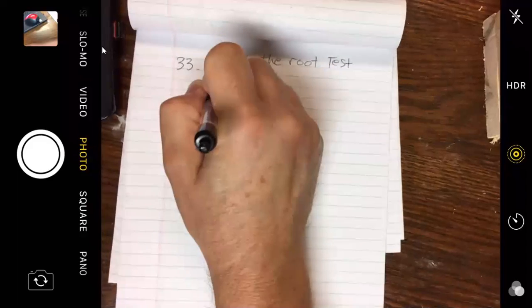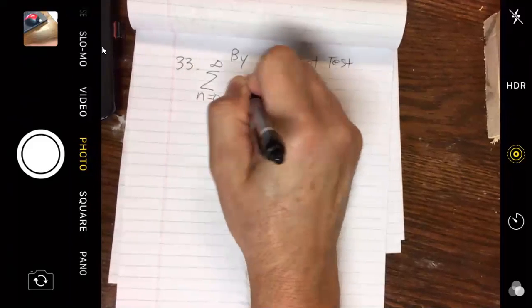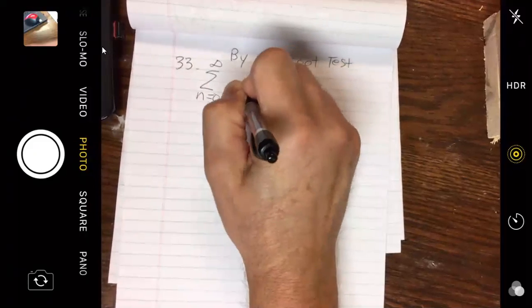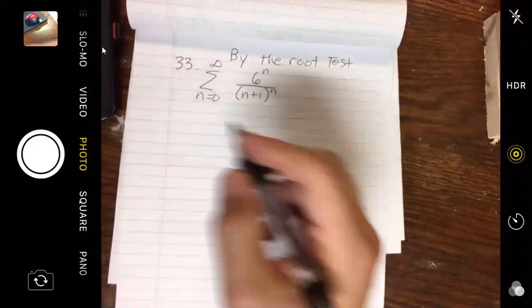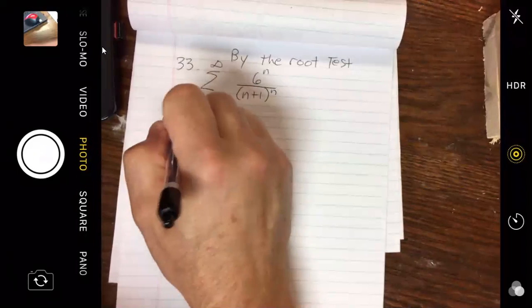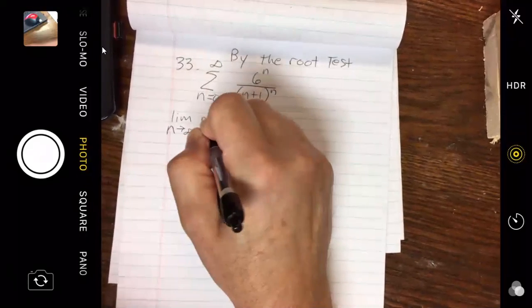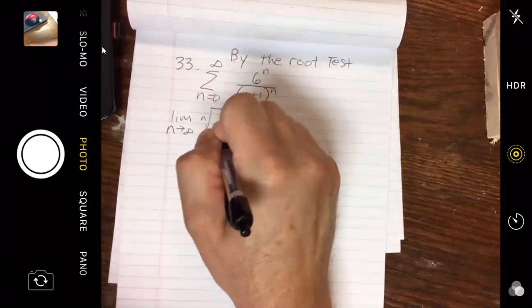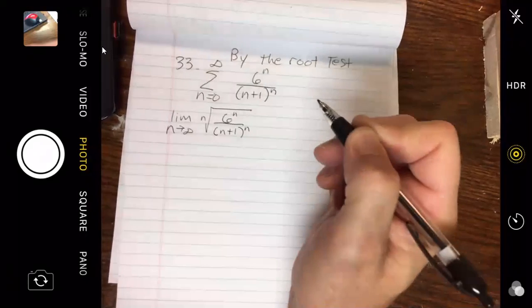You have summation n equals 0 to infinity. You've got a 6 to the n on top. Bottom, you have n plus 1 to the n. All right, so your root test would take a limit as n goes to infinity of the nth root of 6 to the n over n plus 1 to the n.